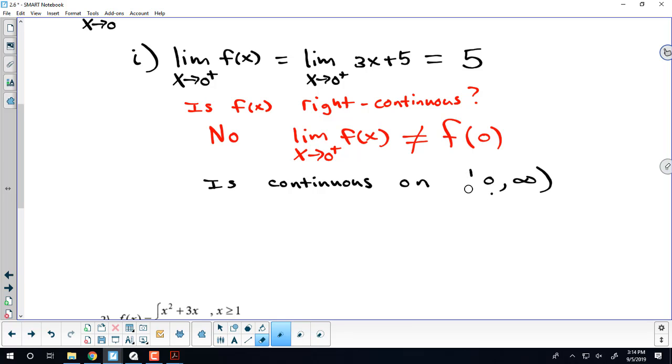So it's not right continuous. And it's kind of opposite, right? We're talking about right continuity, but we're putting the bracket on the left because we're approaching from this direction. We're approaching 0 from the right.